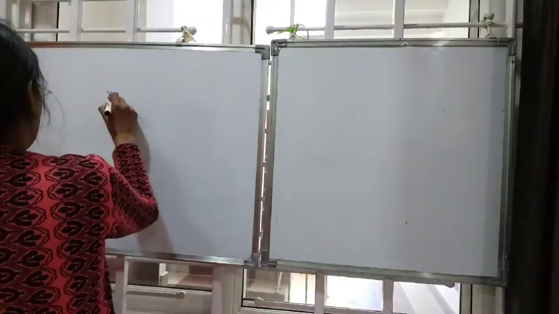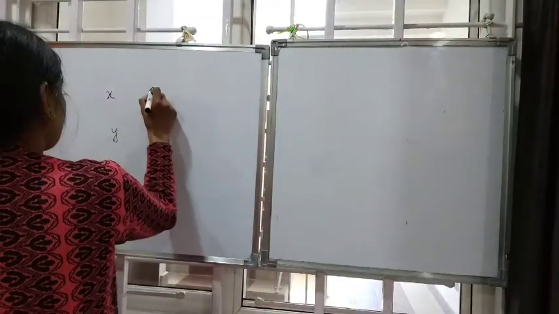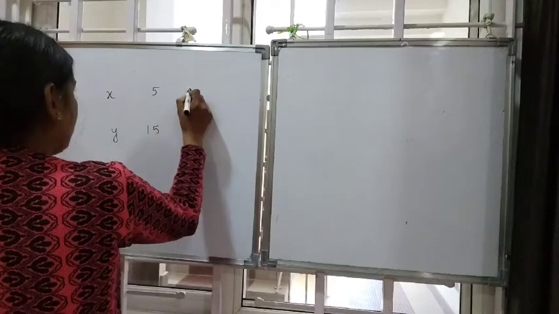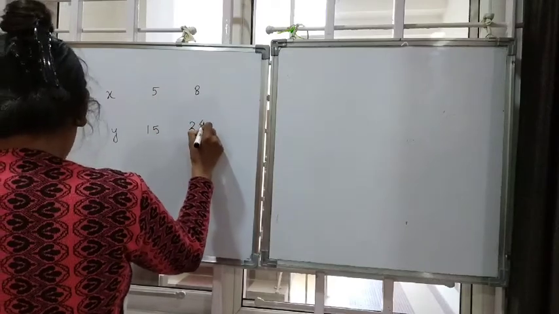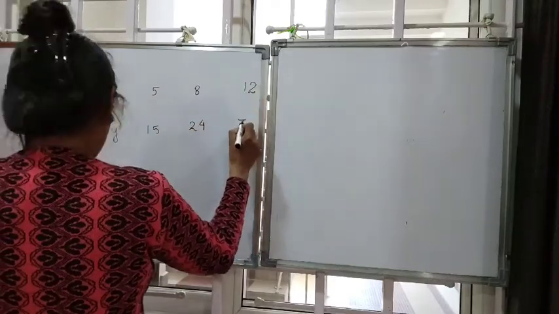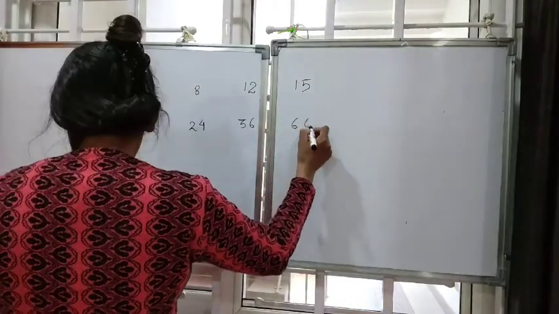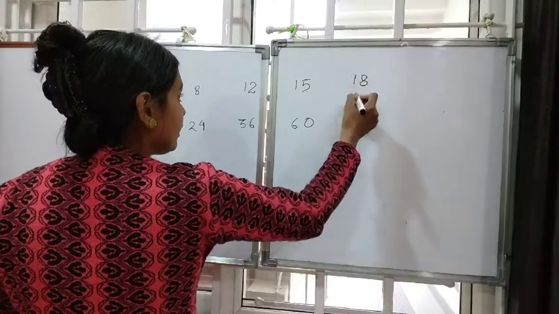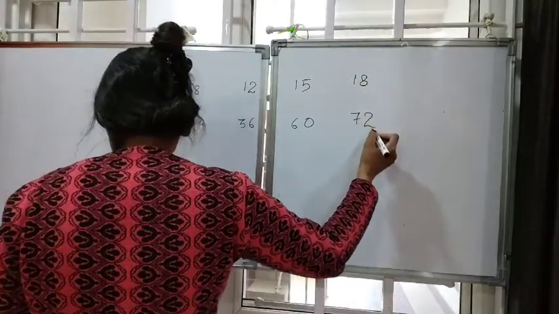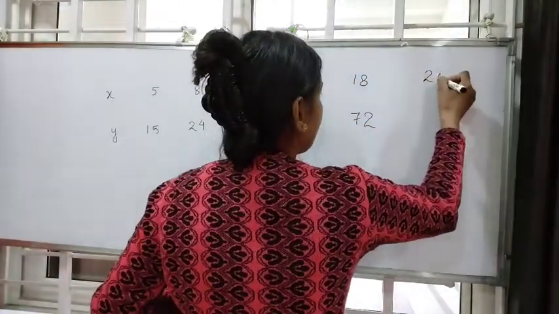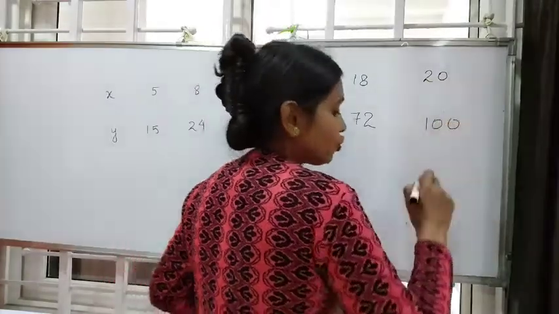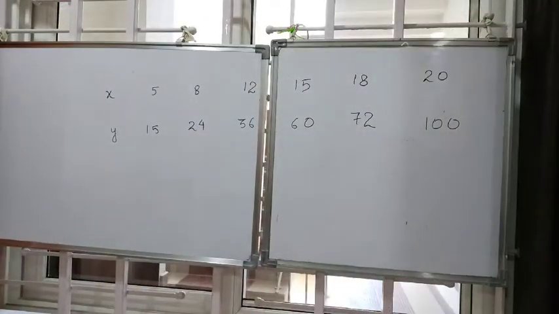Again the values of x and y: 5, 15, 8, 24, 12, 36, 15, 60, 18, 72, 20 and 100.